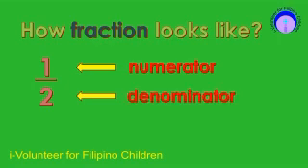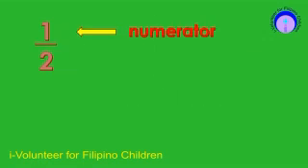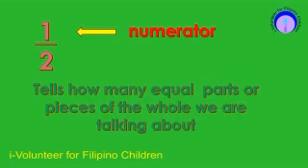It is called denominator. Let's repeat. The number above the line is called numerator. Numerator tells how many equal parts or pieces of the whole we are talking about.